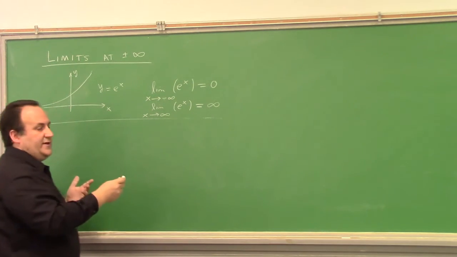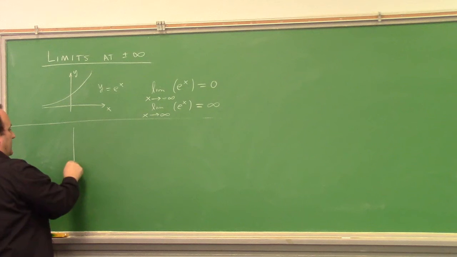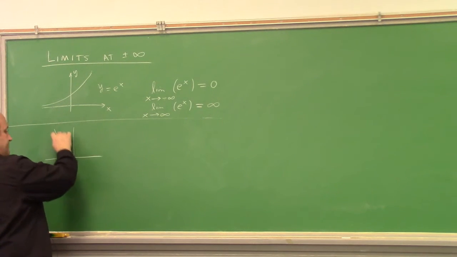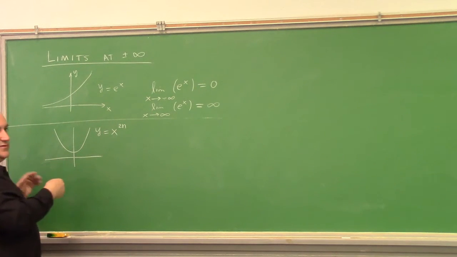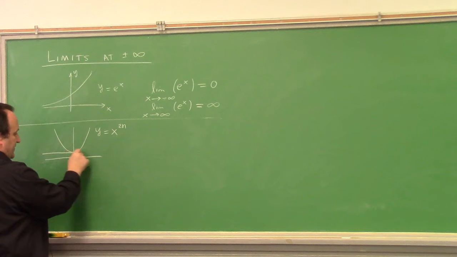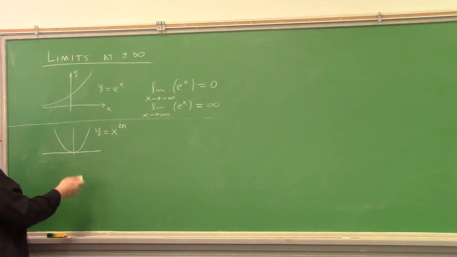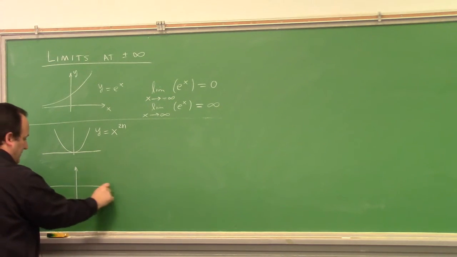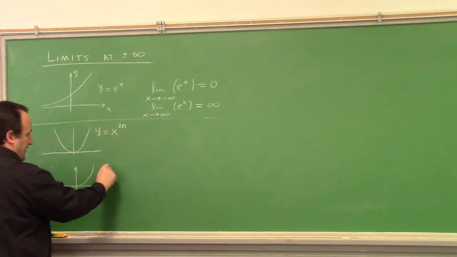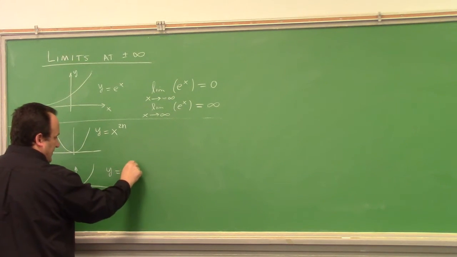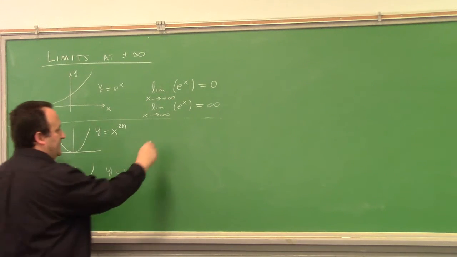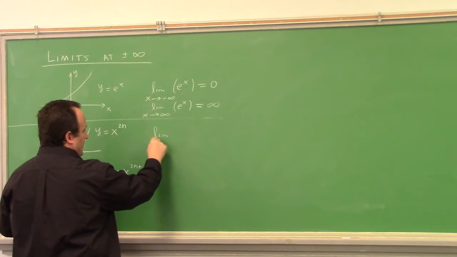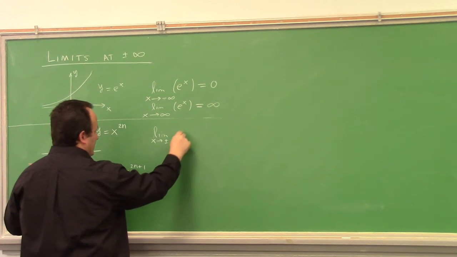How about this? If you have something like y equals x to the 2n, so in other words, an even power of x, it should go through the origin. Versus we can have something like y equals x to the 2n plus 1, an odd power. So here we have the limit as x goes to plus or minus infinity of x to the 2n.